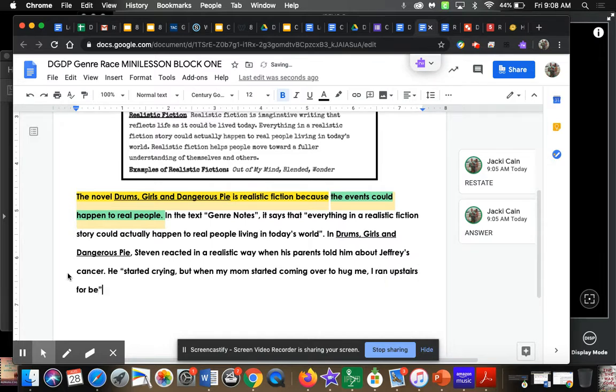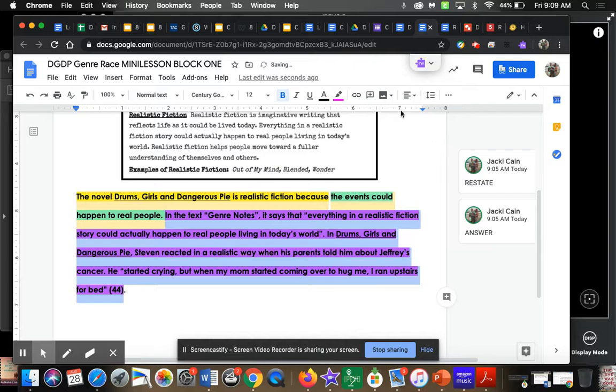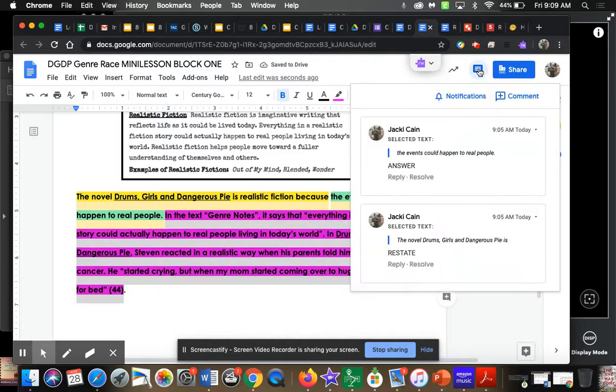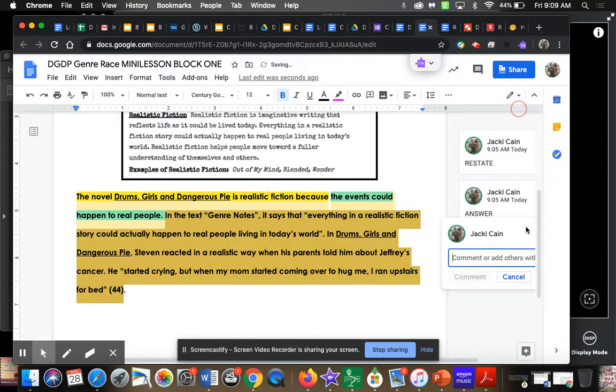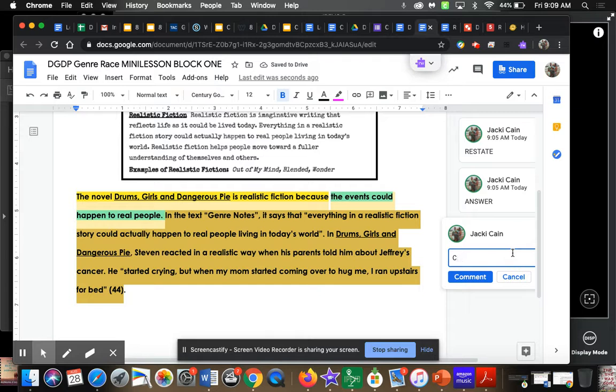That was page 44 in the text. Have I cited my evidence now? I have it from my genre notes and my book, right? I'm going to highlight this so that I know this is my evidence. So this is C.